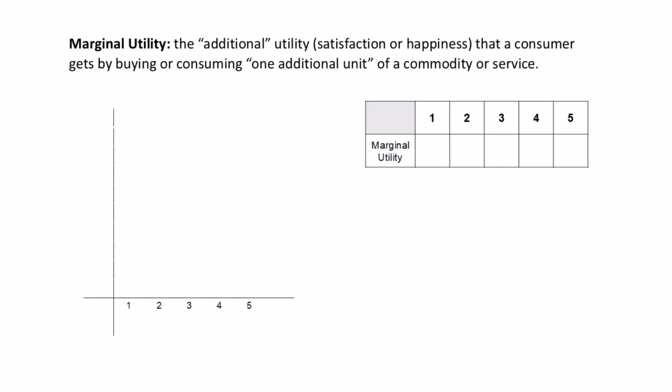We can also learn the concept of marginal utility using a table or a graph. The level of utility that I receive from the first cup of water is 10. So I put 10 after drinking the first cup of water. And marginal utility from the second cup of cold water is 7. Still a high number, but it's not as high as the first cup of cold water.